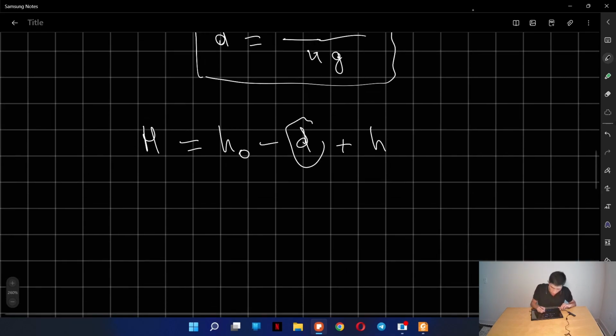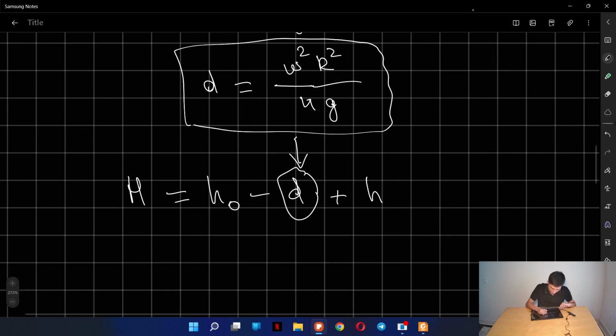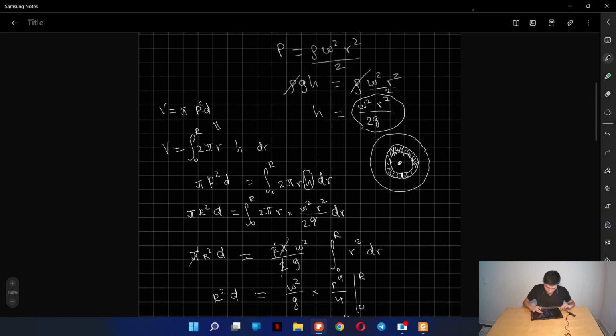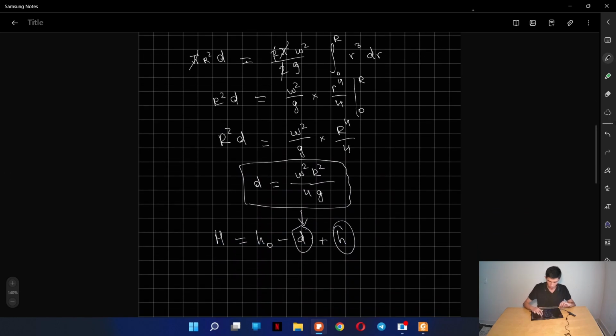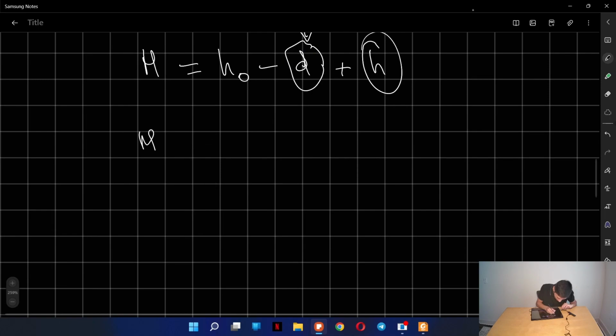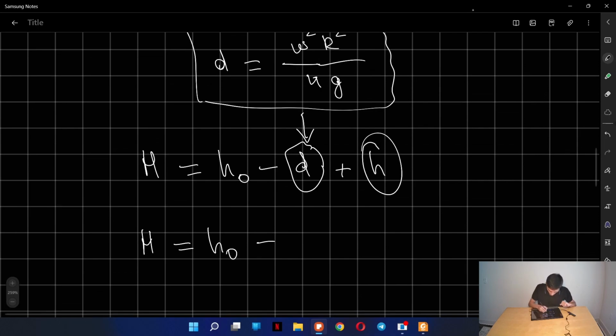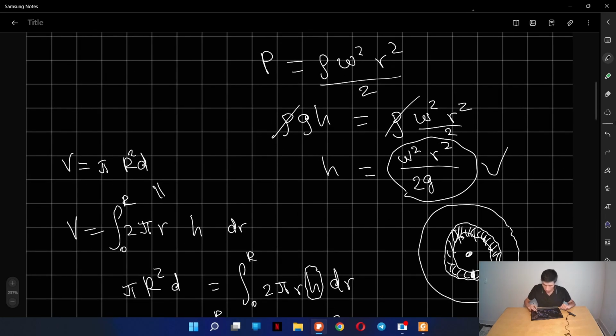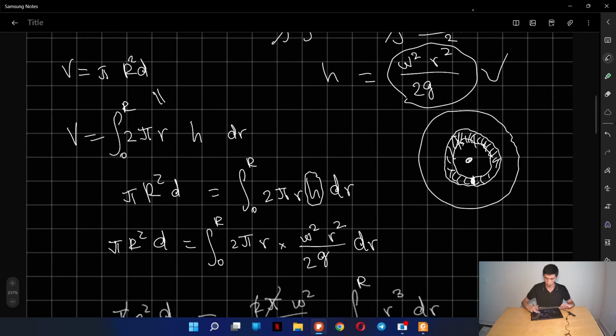And I'm going to substitute this variable with this equation, and this variable from the equation we calculated in the beginning. Okay, so what I'm going to have is the big H, my handwriting is not the best, equals H0 minus d, which is angular frequency squared R squared over 4g, plus h, which is going to be omega squared R squared over 2g.